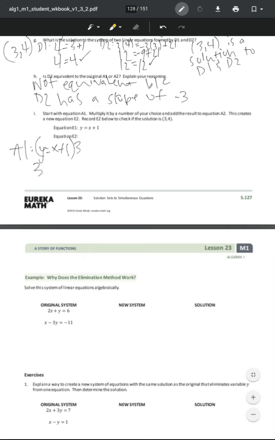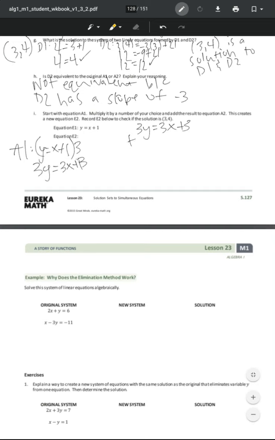This is going to give me 3y equals 3x plus 3. I'm sorry, this should be a 3. After I multiply by the number of my choice, it wants me to add that result to equation A2. So 3y equals 3x plus 3, and I'm going to add that to A2.